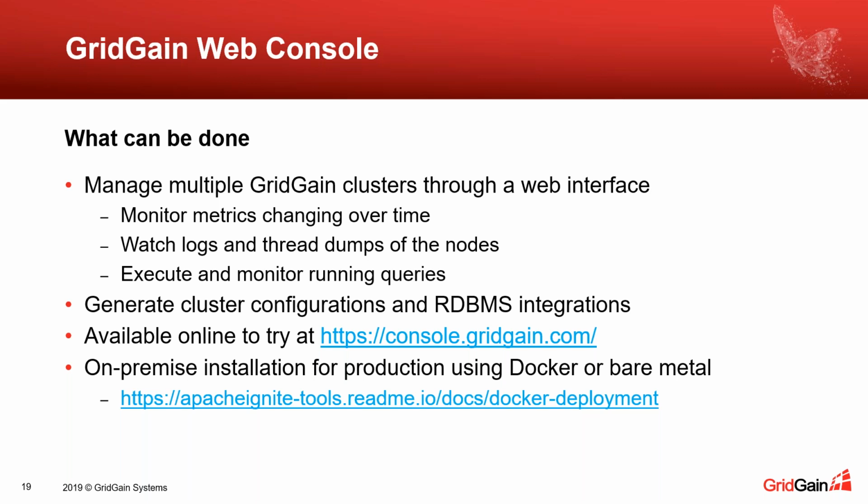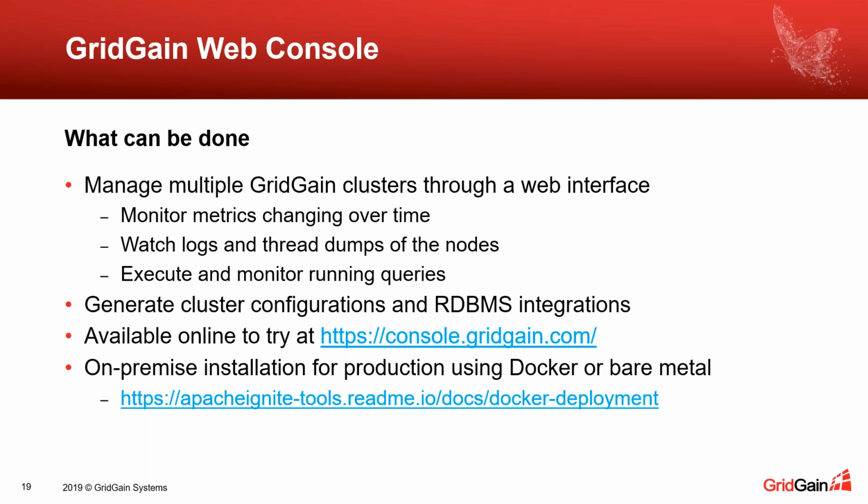How do you try it? How do you use it? First, there is a version available online at console.gridgain.com. You just log in, register on the site, connect that Web Console to your cluster in your network, and just use that without any installation.